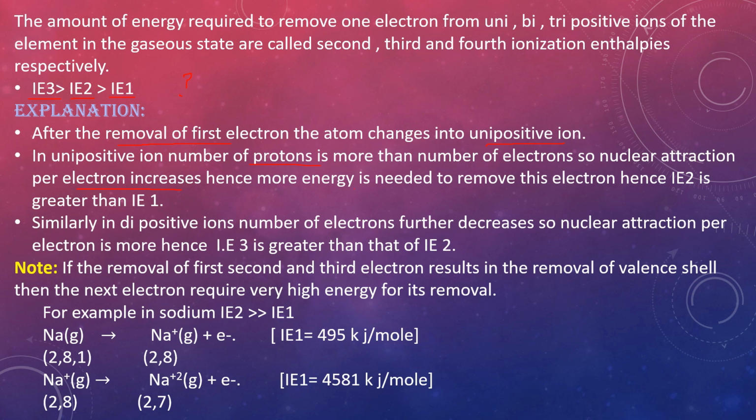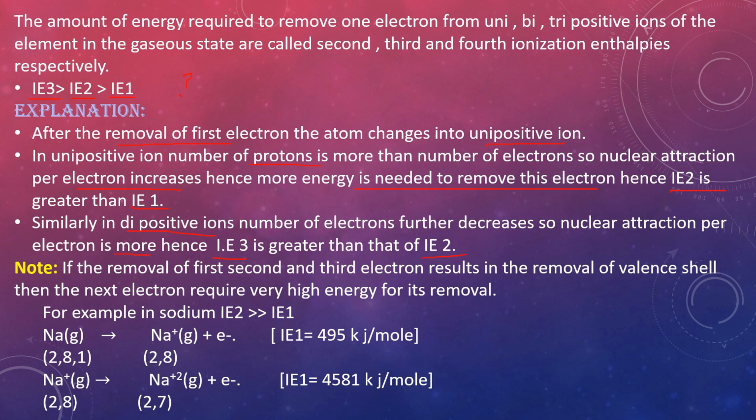Hence more energy is needed to remove the electron, so IE2 is greater than IE1. Similarly, in the dipositive ion the number of electrons decreases further, so the nuclear attraction per electron is more, and hence removal of the third electron requires more energy, that is IE3 is greater than IE2.